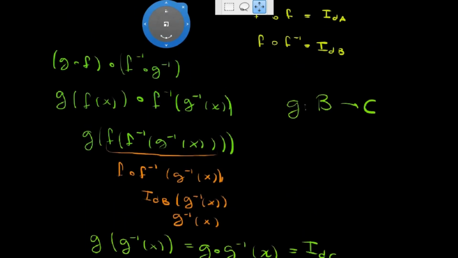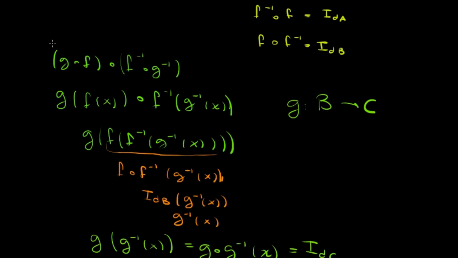we had a function, let's call this H. I'm going to do it with another color. I had this, I called it H, and H inverse.